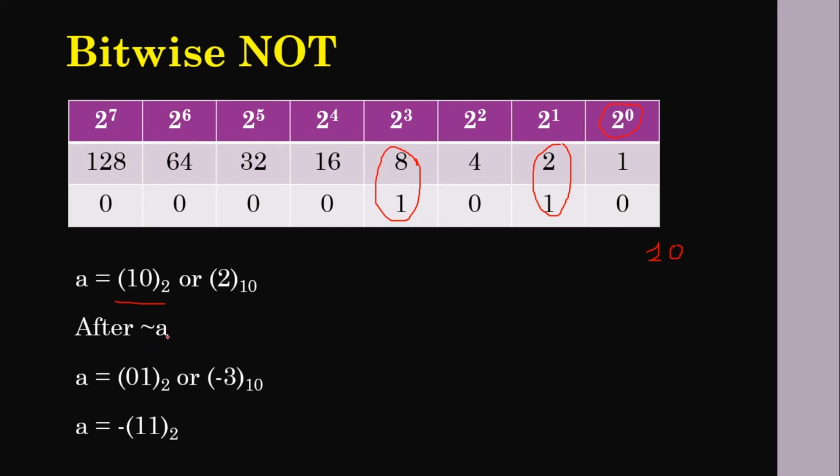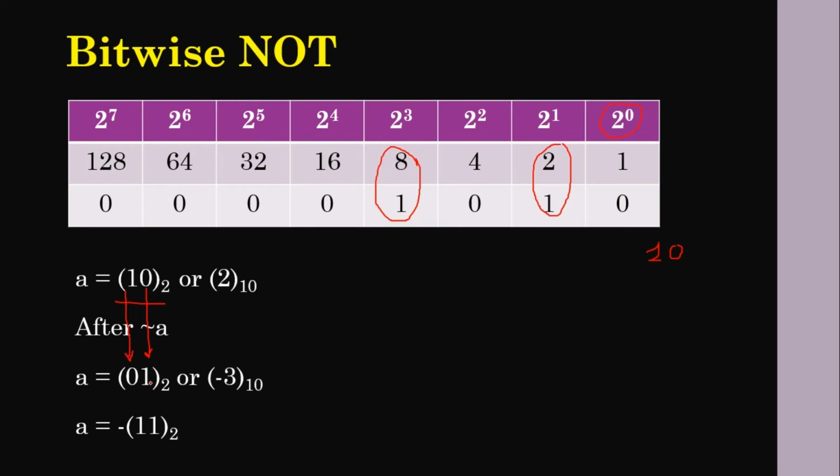So I have written tilde a here, and Python will take the complement of this number. Complement means 1 will be converted into 0, and 0 will be converted into 1. That is what we mean by a NOT operation.